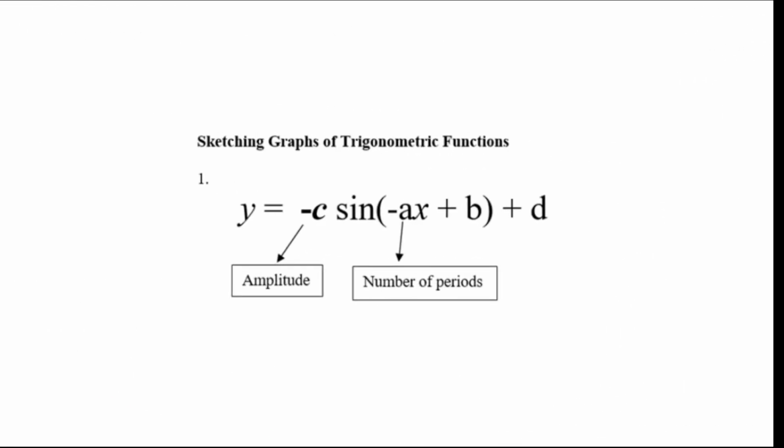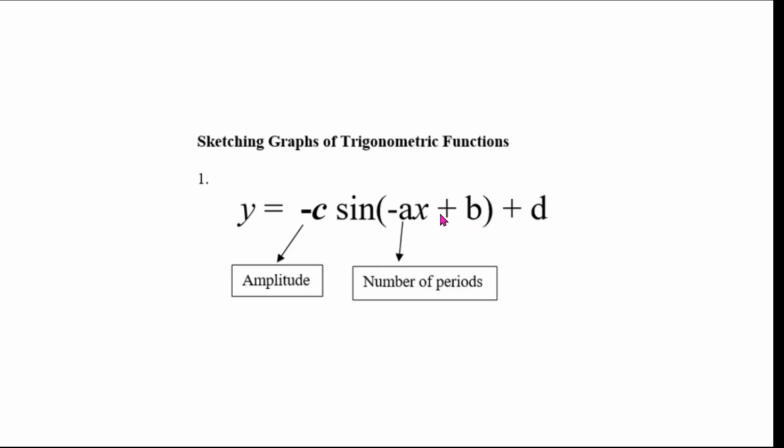When sketching graphs of trigonometric functions, we can use the transformation method that we have learned before. That is, negative x means reflection in the y-axis. A means enlargement with scale factor 1 over a.